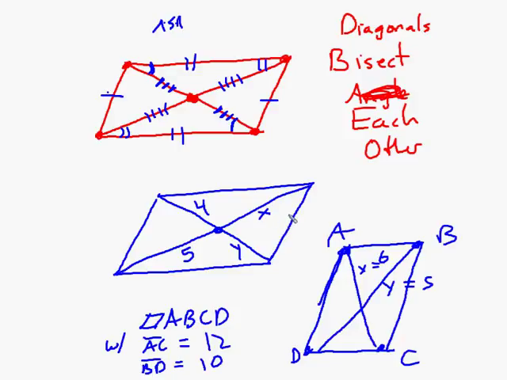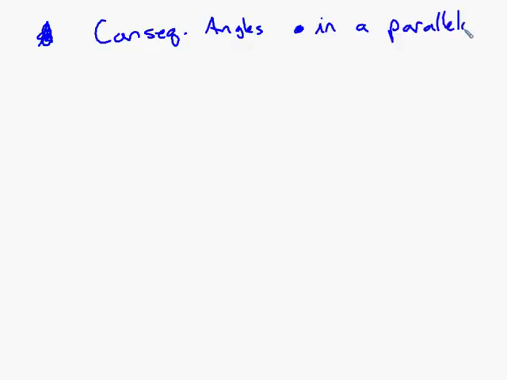We also have some things that happen to our angles, and we actually introduced this yesterday. So let's take a look at the angles more closely. The adjacent, or actually they aren't really adjacent, the consecutive angles in a parallelogram are supplementary.